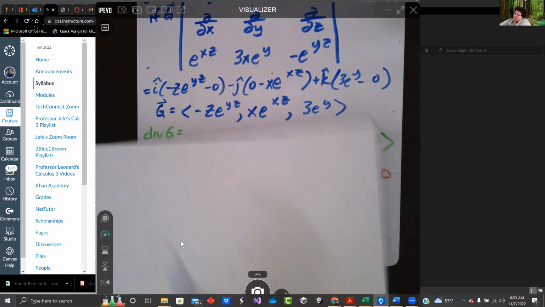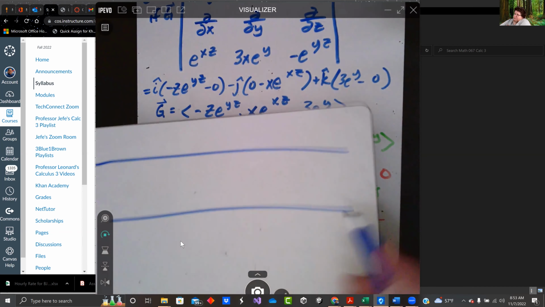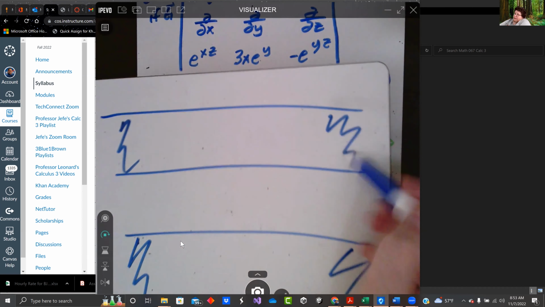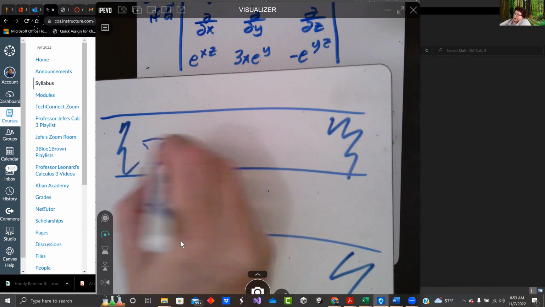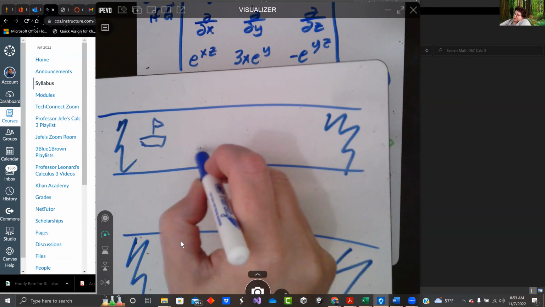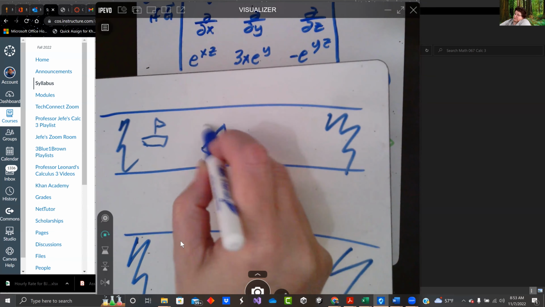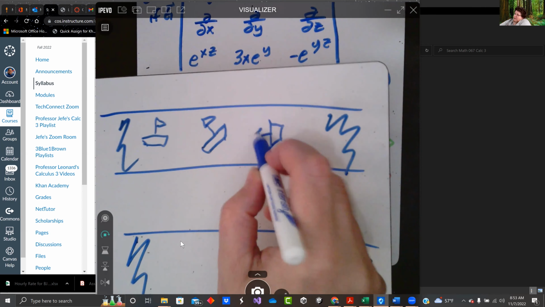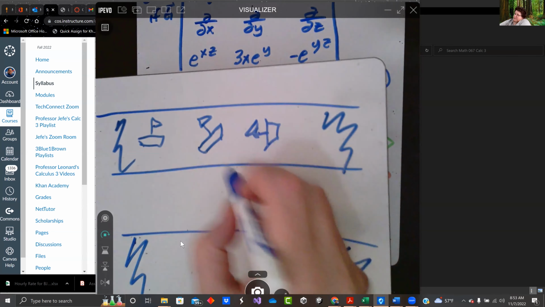This might help for you. For curl, I've got a river. I'm going to do 2 rivers. This is my river, and this is my river up here. When there is a curl on a sailboat, as it's going down, the sailboat starts to curve and twist. So this has got some curl to it.